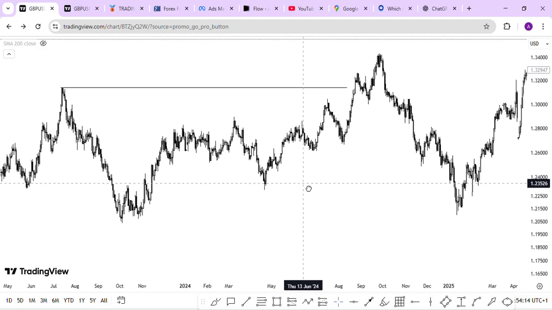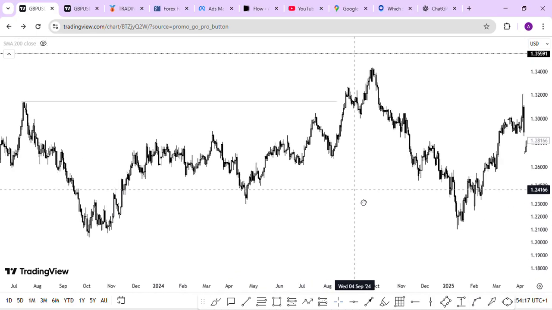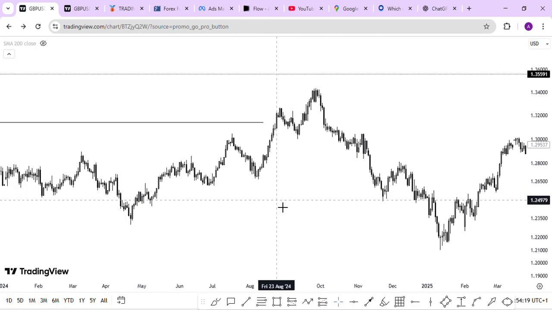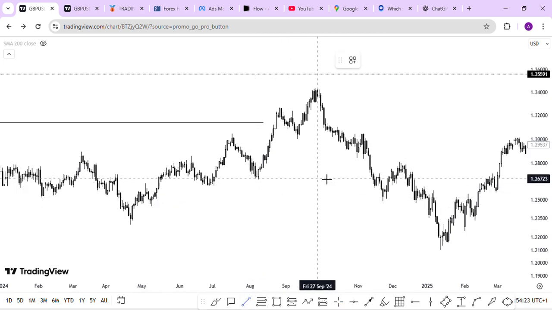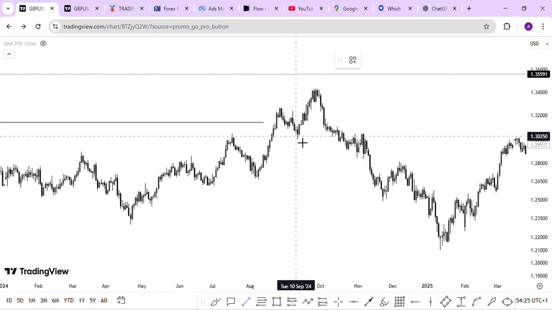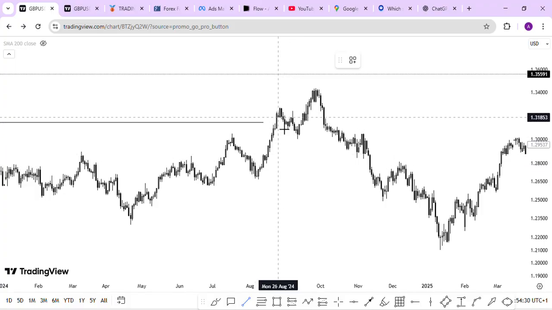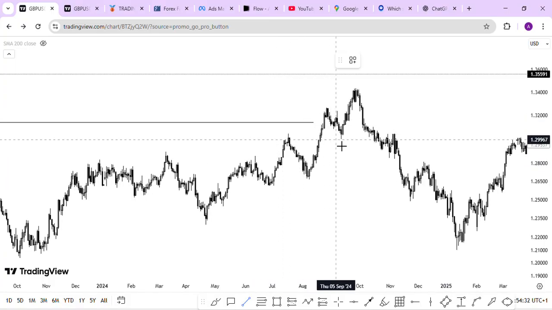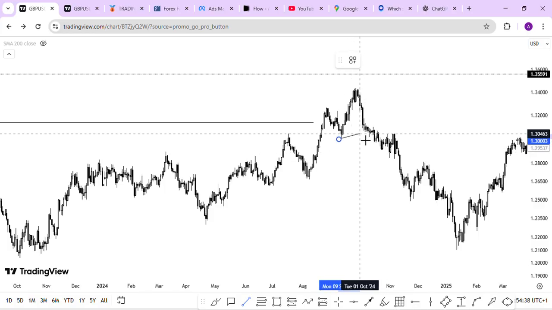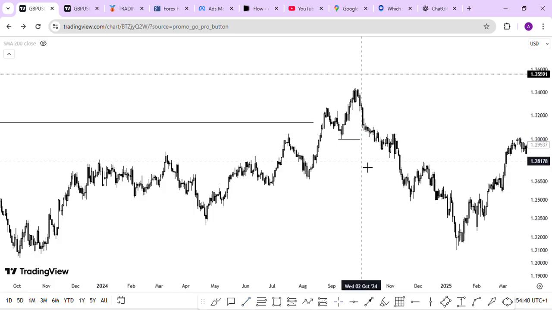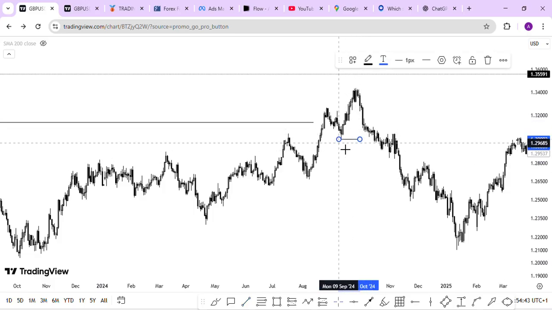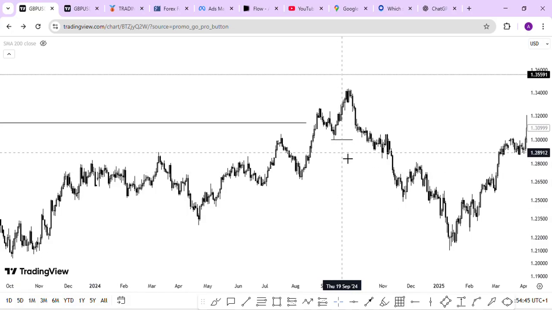After the break of structure, what are we supposed to look out for? We're supposed to look out for our inducement. As I said in the previous video, our inducement has the characteristic of a large pullback after the market breaks the structure. So you can see that this is where we have the inducement, and then the market came back to this level.